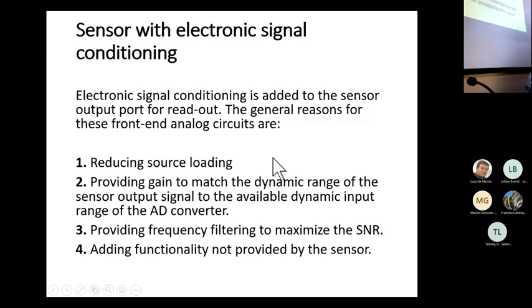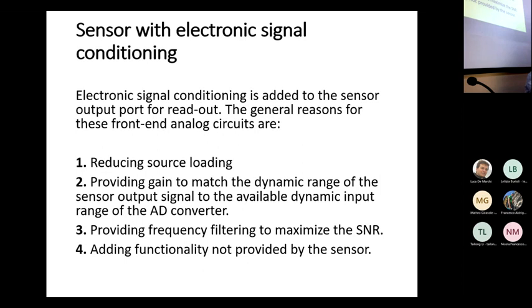Well, first of all, as we said in the introductory statements, analog circuit design is mandatory because the world is analog. So whenever we have to interface a sensor to a digital system, we need some analog interfaces.